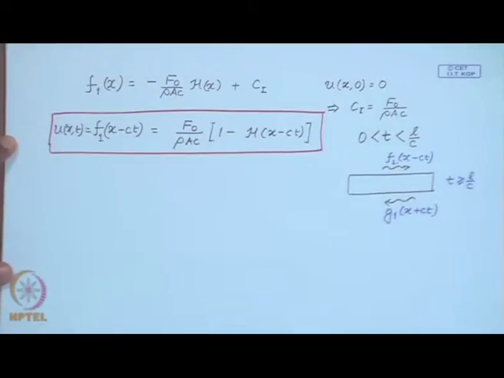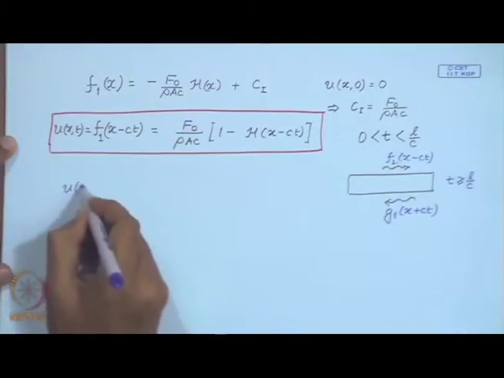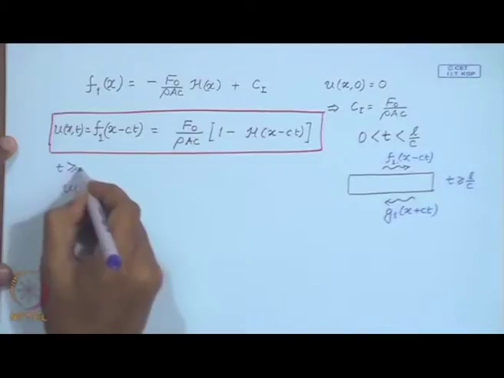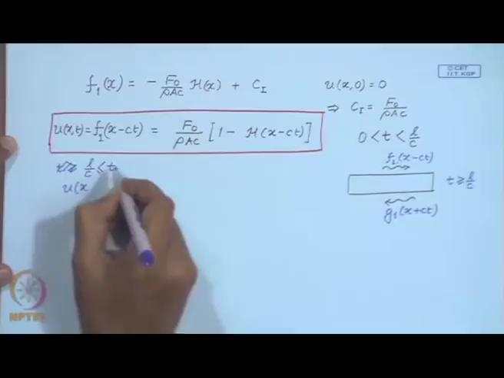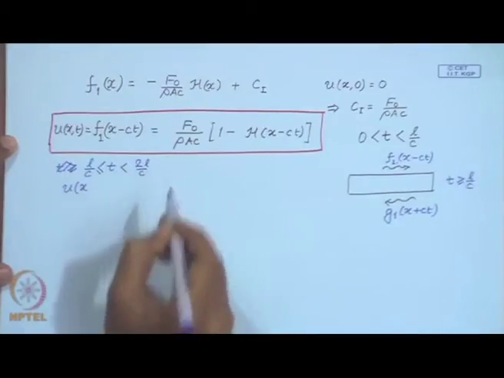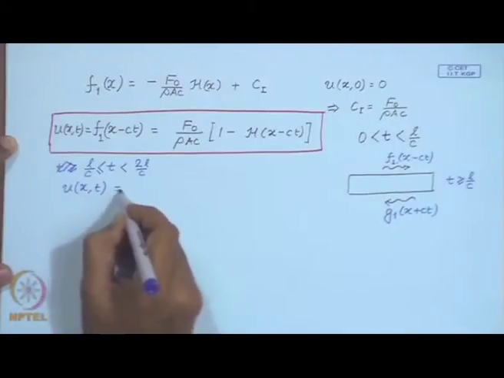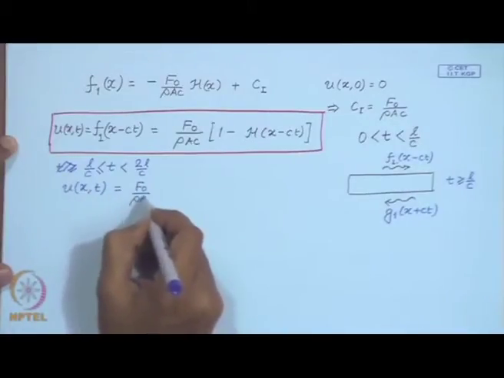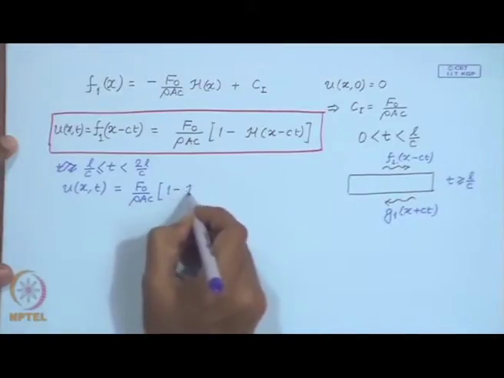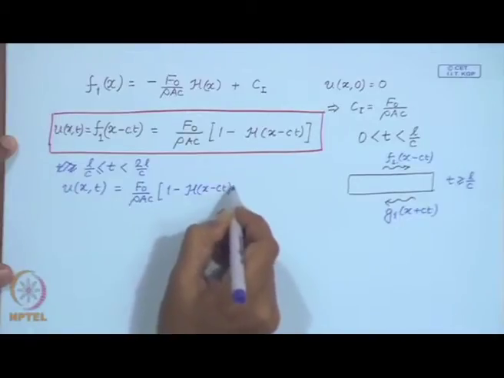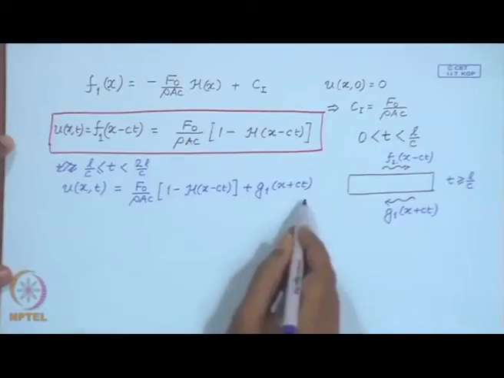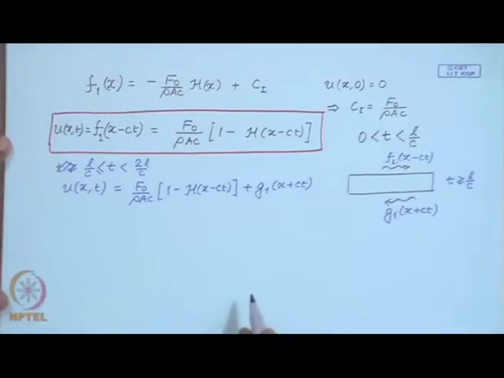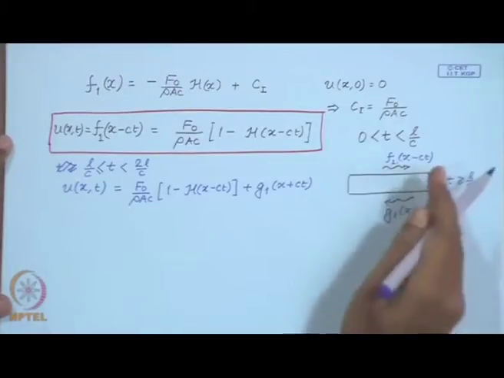Now, then our wave field, so if t is... this is the solution when the wave goes and hits the right boundary.